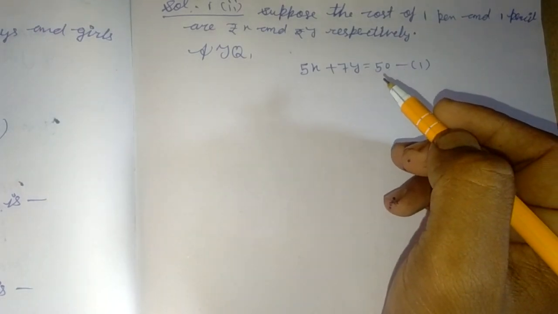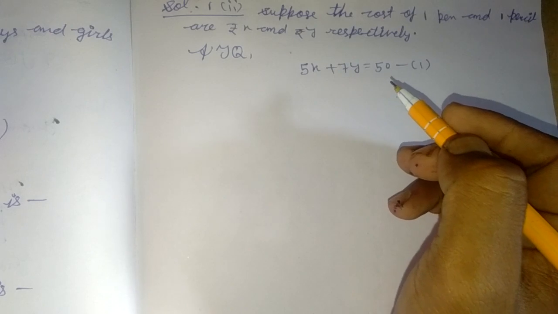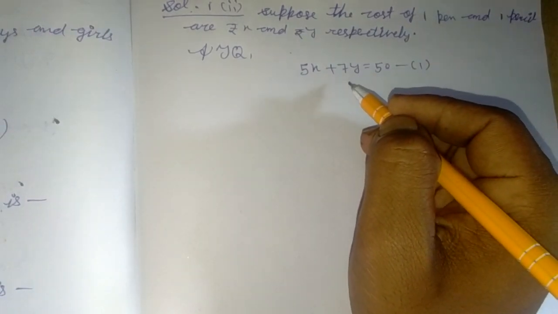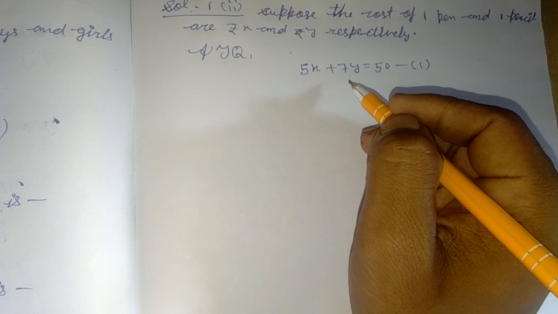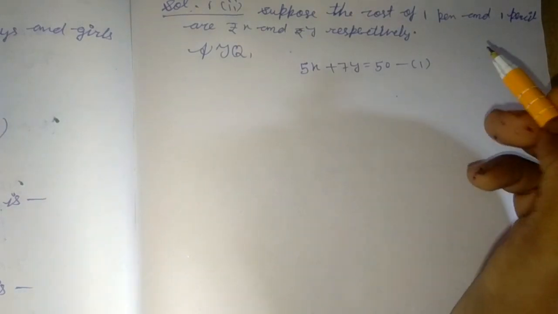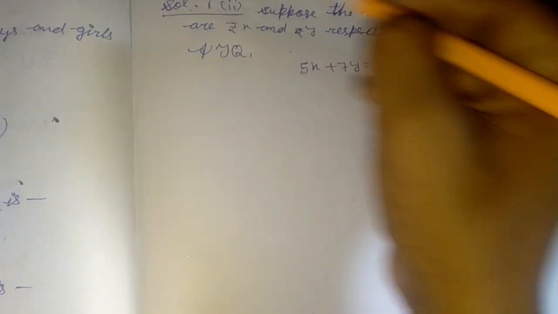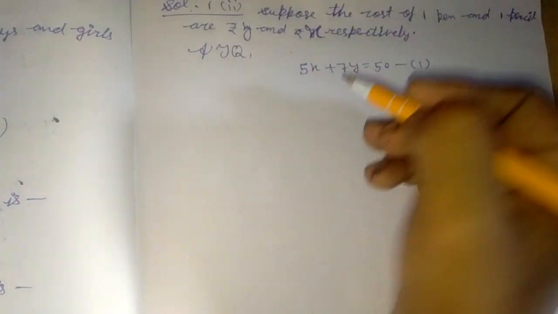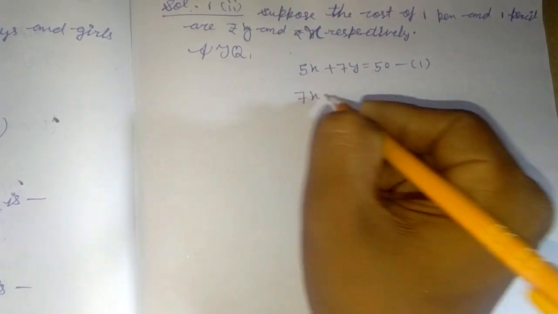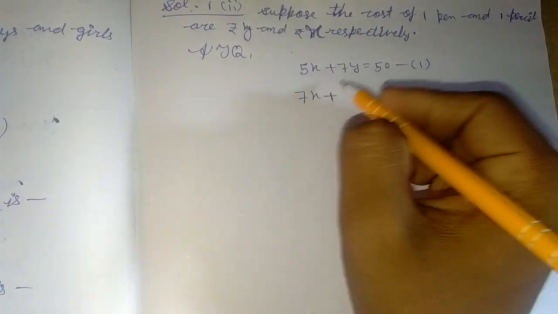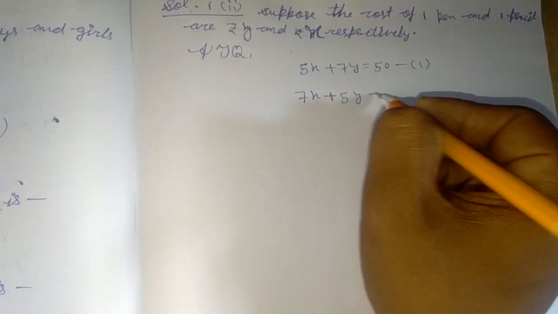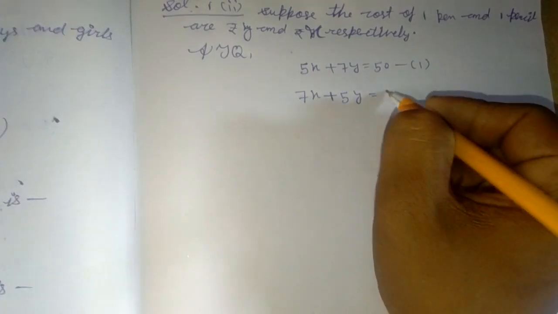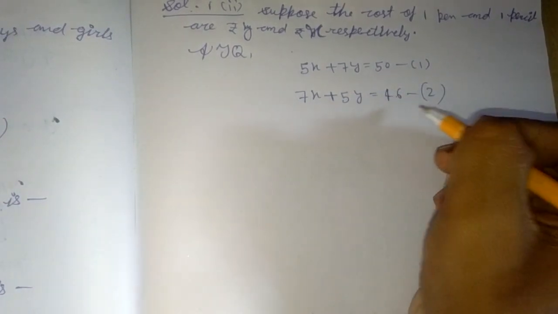Sorry, in the first situation 5 pencils and 7 pens, and the second situation 7 pencils and 5 pens. So suppose one pen is y and one pencil is x. Second situation will be 7x plus 5y equal to 46. So it is our second equation.